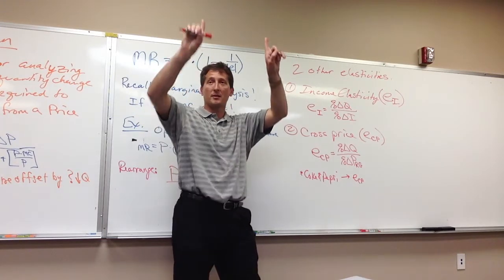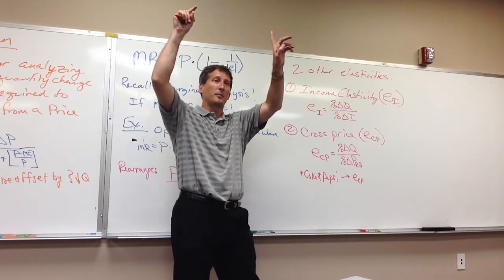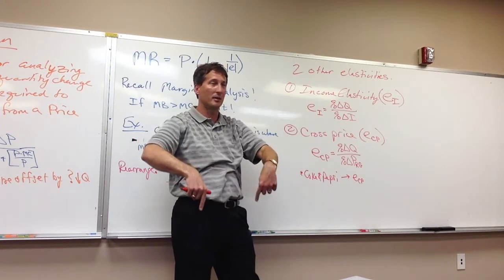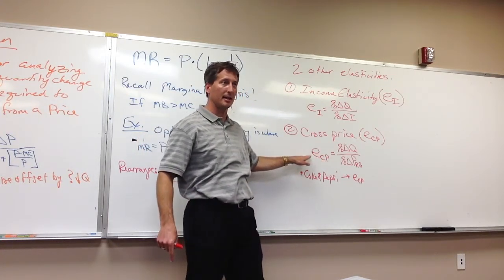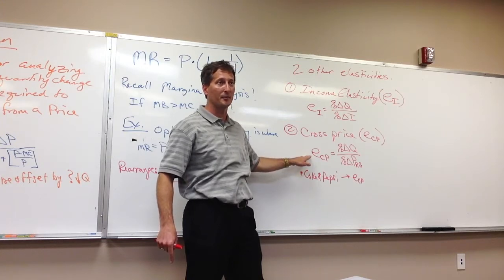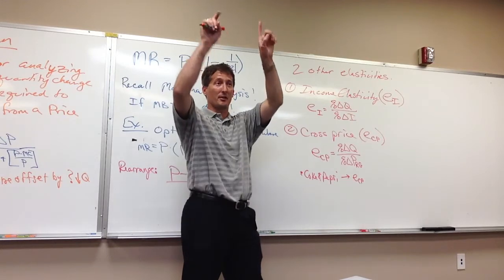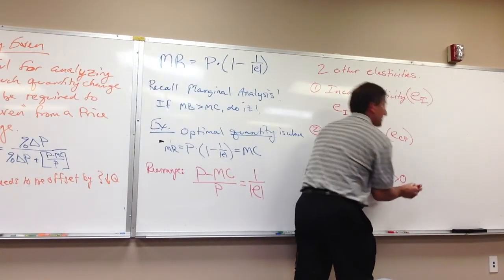So price of Pepsi goes up, demand for Coke goes up. Price of Pepsi goes down, demand for Coke goes down. The sign of that elasticity then would be positive or negative? Positive. They're moving together, right? So the elasticity would then be greater than 0, a positive number.